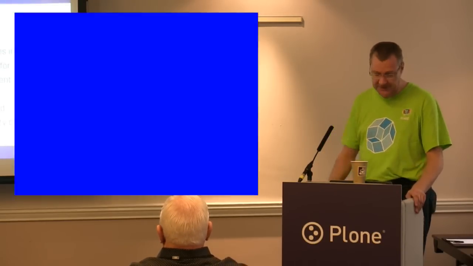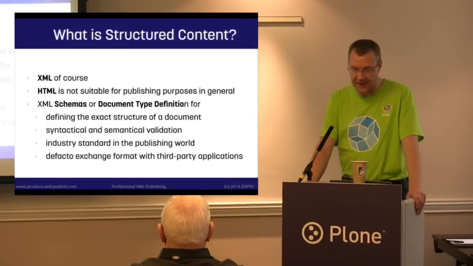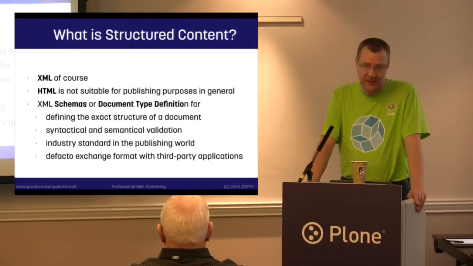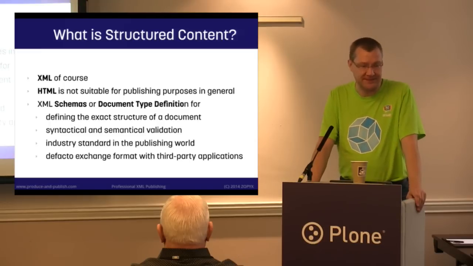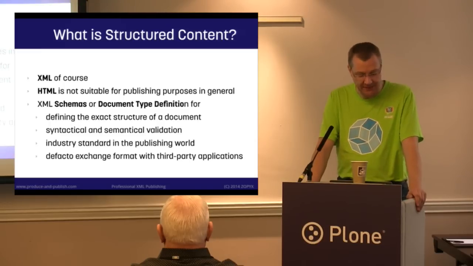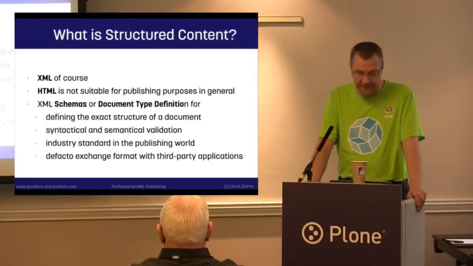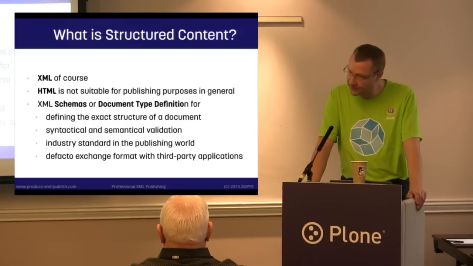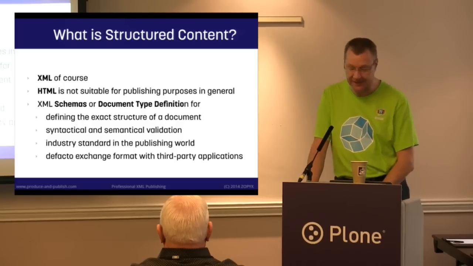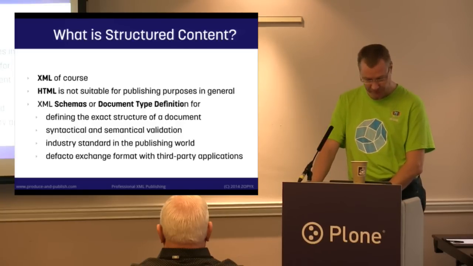So what's the advantage of using XML? XML is an industry standard. We can define the structure of XML documents using XML schemas or, old-style, through document type definitions. There are lots of tools on the market for defining such XML schemas, for performing validation on the data, either syntactically or using the semantics that is defined by the XML schema.